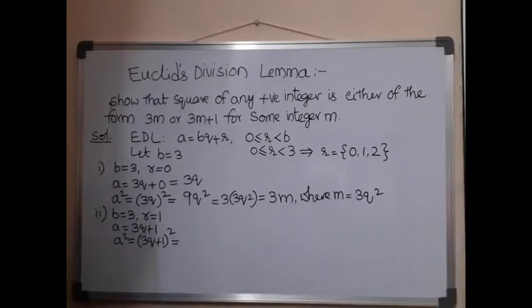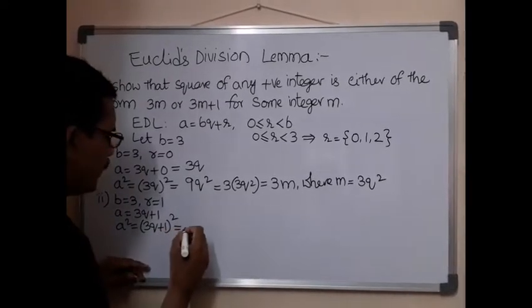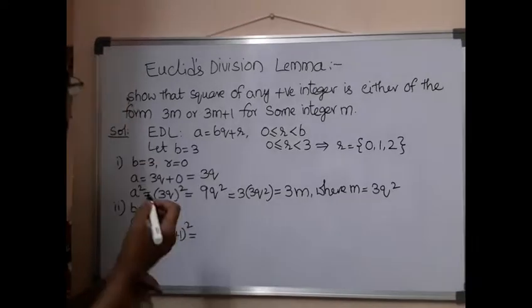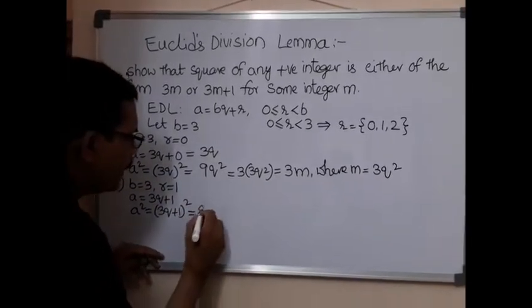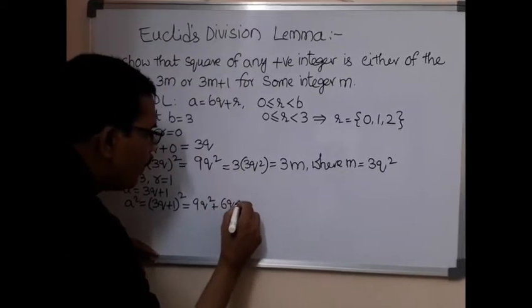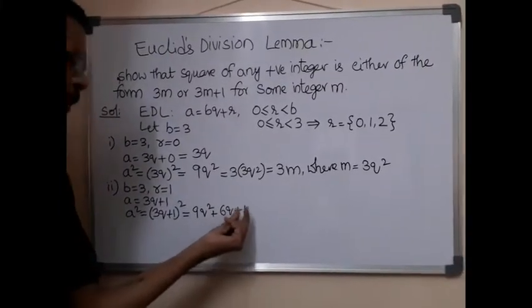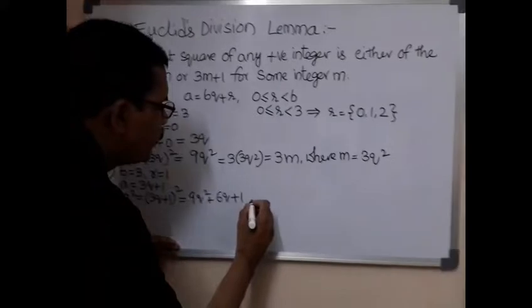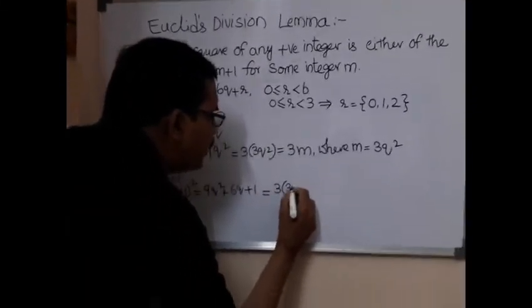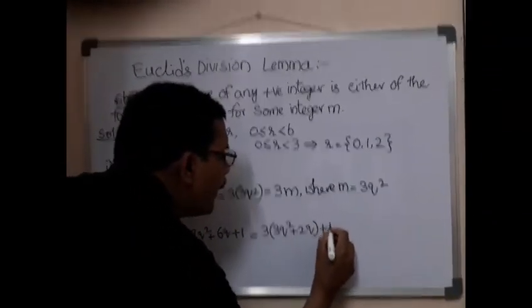It is in (a + b) whole square form. The formula all of you know: (a + b) square = a square + 2ab + b square. According to that, this will become 9q square + 6q + 1. In the first two terms, I am taking 3 common: 3 of (3q square + 2q) + 1.